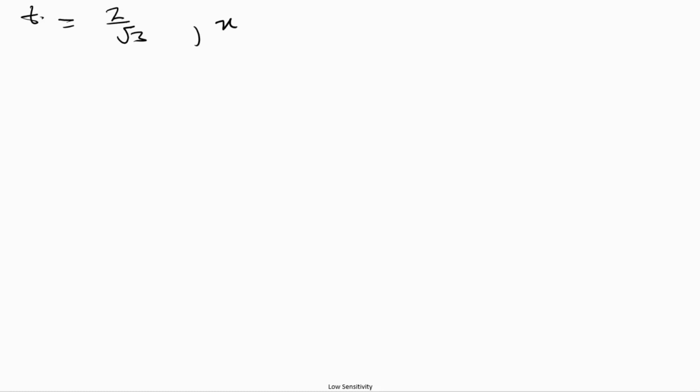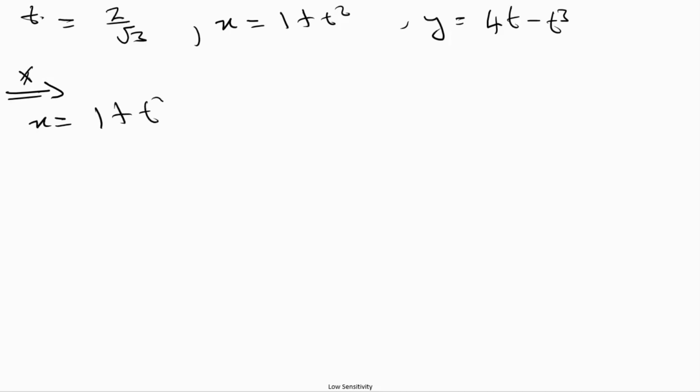So we now have t equals 2 over the square root of 3. But I'll remind us the equation of x is 1 plus t squared, and y is 4t minus t cubed. Let's deal with x first. x equals 1 plus t squared, which is 1 plus 2 over square root of 3, squared.